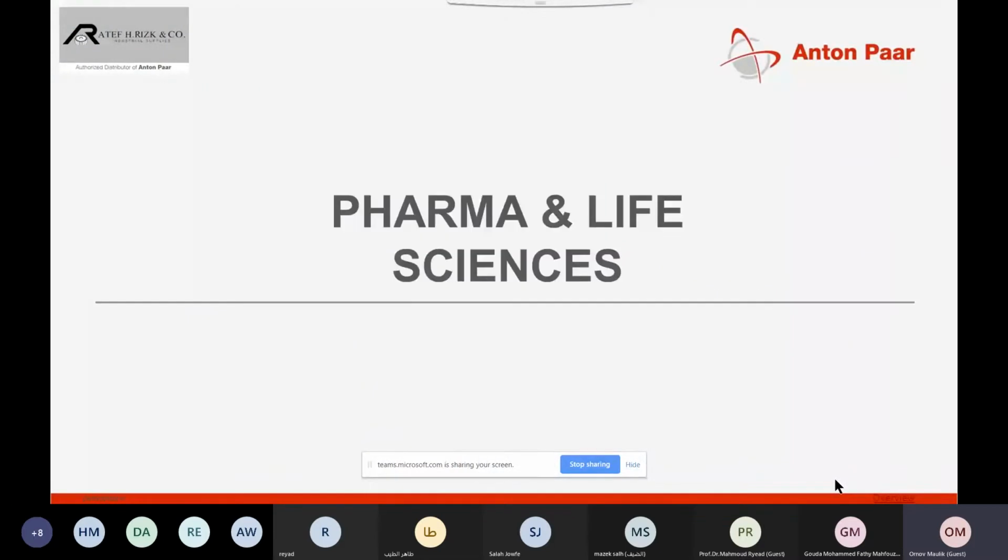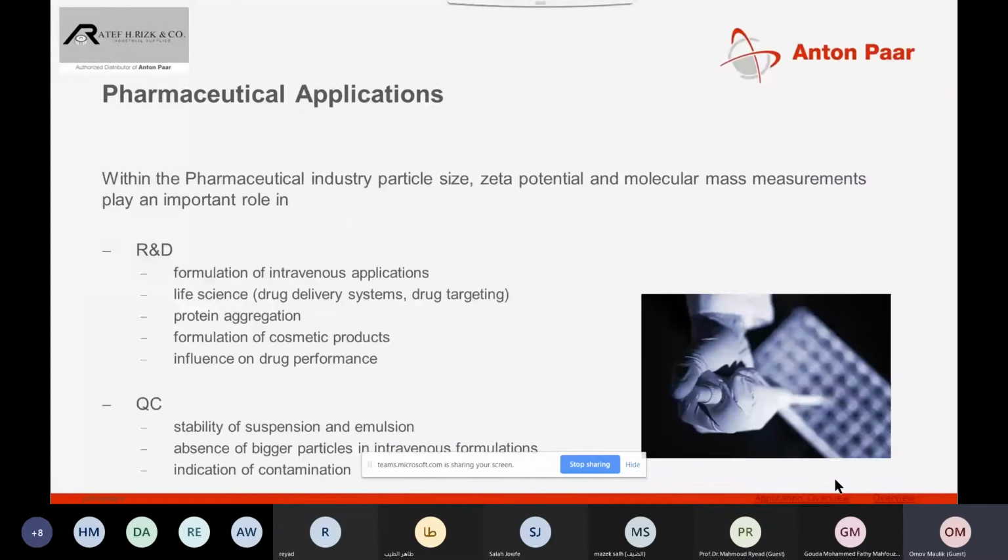For example, in case of R&D as well as quality control, it is very important to accurately know the particle size as well as the zeta potential and the stability of an emulsion, because, as I explained in my last session also, when you talk about pharma applications, the dissolution rate is very important, and that is dependent upon the particle size.